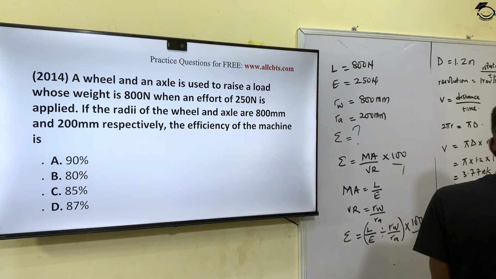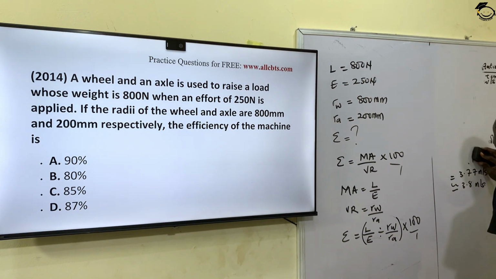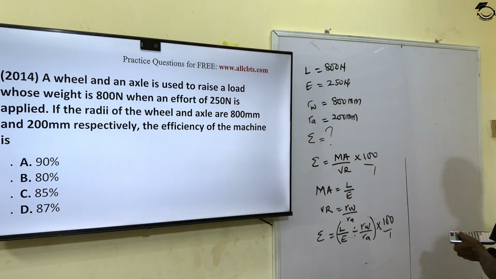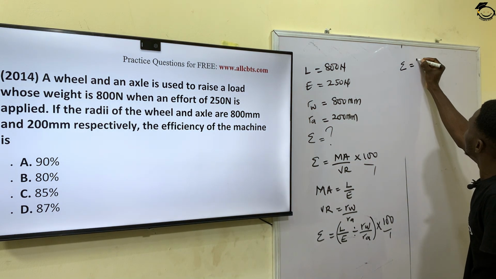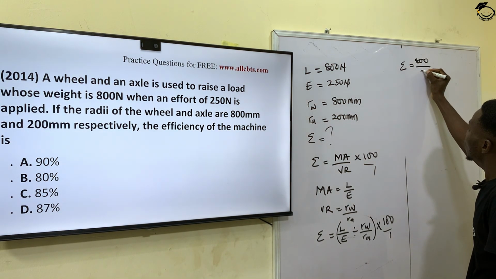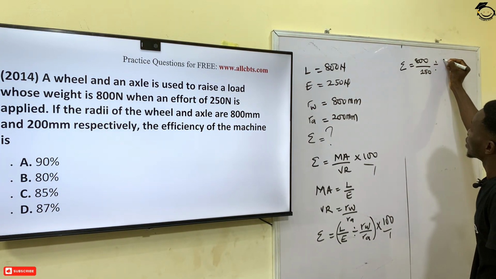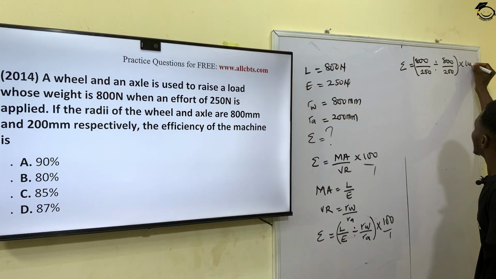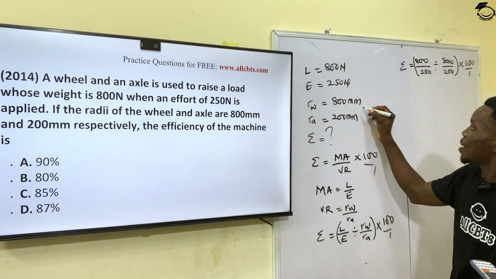So if we apply this in our calculations, what I'll be having is efficiency will be equal to 800 over 250 divided by 800 over 200 times 100 over 1.